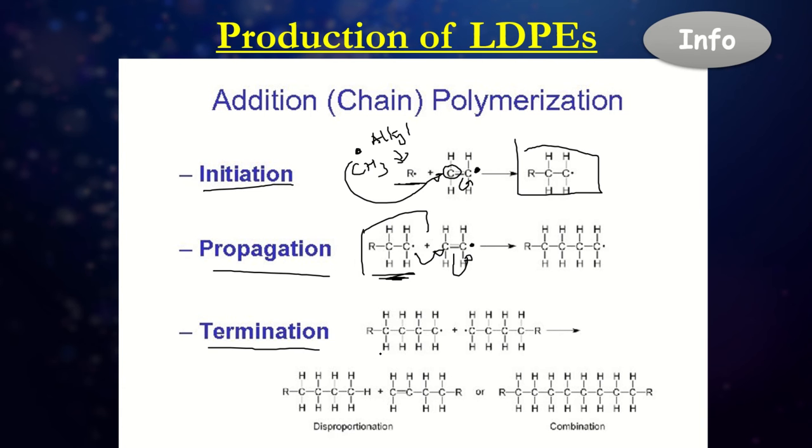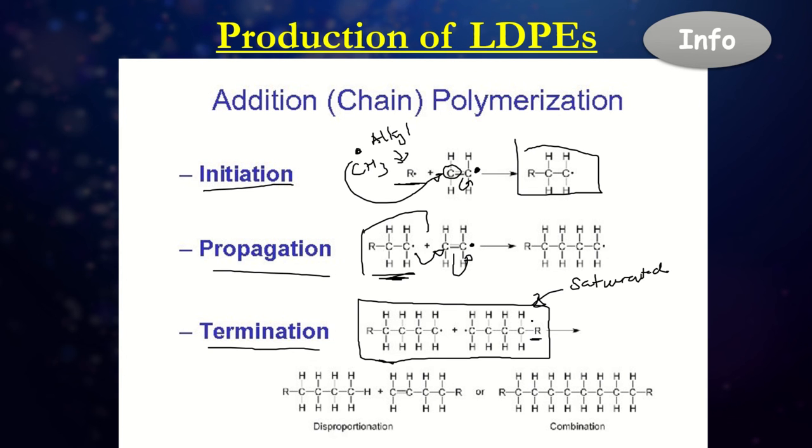The final step we have is termination. If you have a look at these two reactants here, there's a slight difference with this chemical compared to the ones we were showing before. This one is a saturated hydrocarbon, sorry, so it's saturated. We don't have any double bonds.